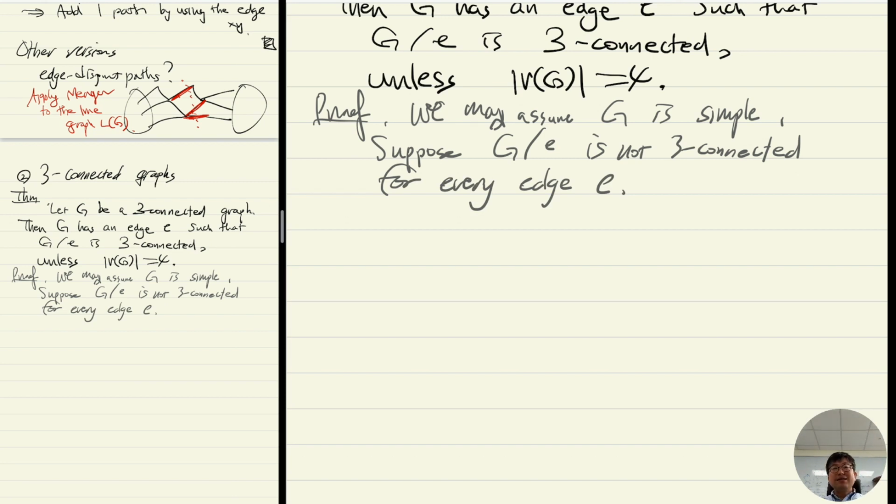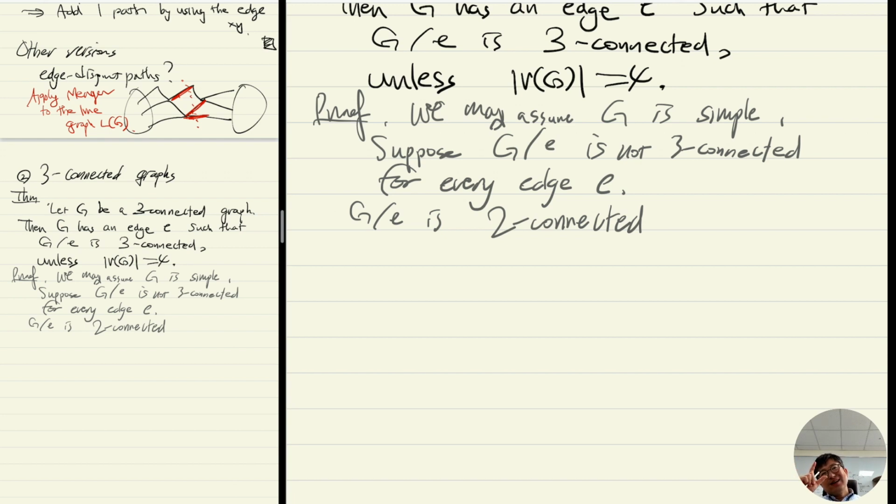But you can still say that G contract E is 2 connected. Why? Because if you have a cut vertex, I mean, it's connected anyway. You contract an edge from a connected graph, so then you have a connected graph.